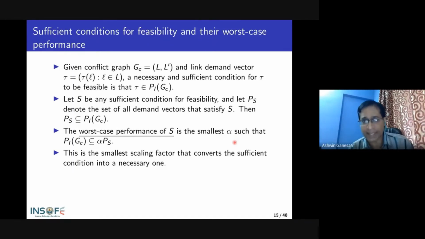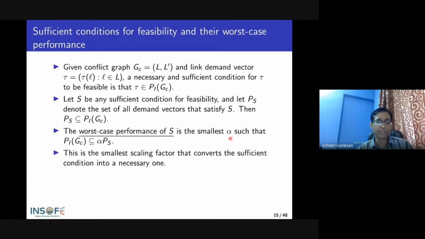The scaling factor, which determines how much you wasted the resources, is what this factor alpha is. And that's why the worst case performance of these sufficient conditions is an important factor. You want to make sure that whatever network resources are given to you, you use them efficiently, and you might not. So you have to determine how bad your distributed algorithm is when compared to an optimal centralized algorithm.